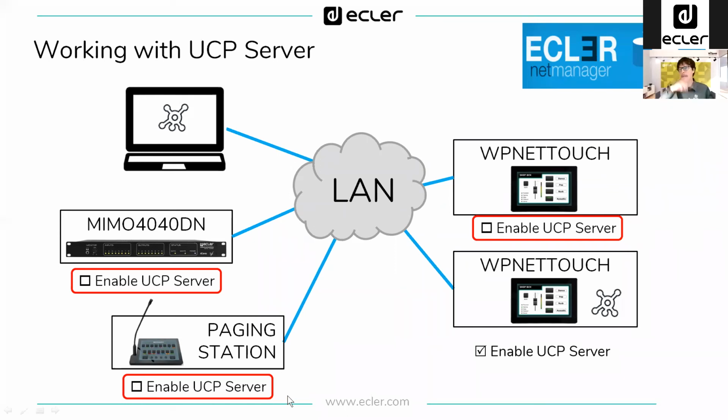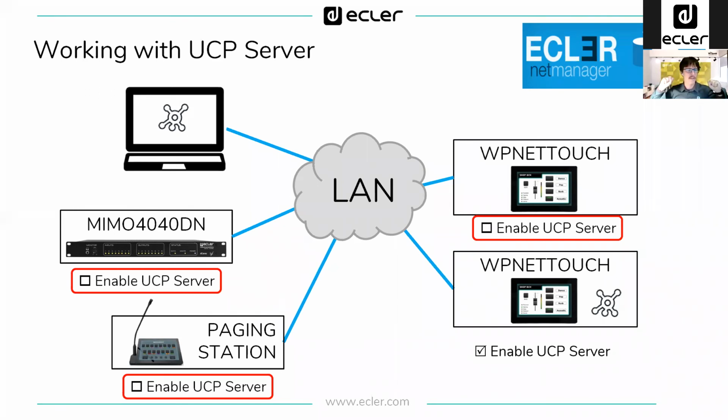Why? As long as the UCP server has a blank project, nothing happens. But if you send the same project to 2 UCP servers which are enabled, they will fight to get the devices through the network. So it can happen that when you turn on the system, one UCP server gets 2 devices and the other one gets another 2.